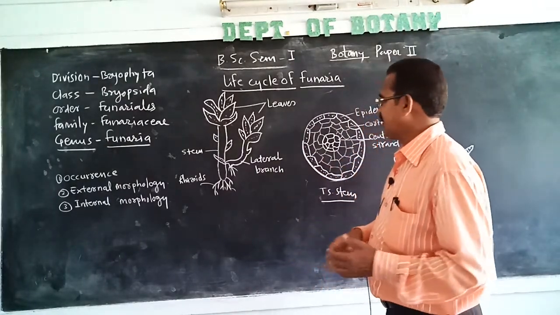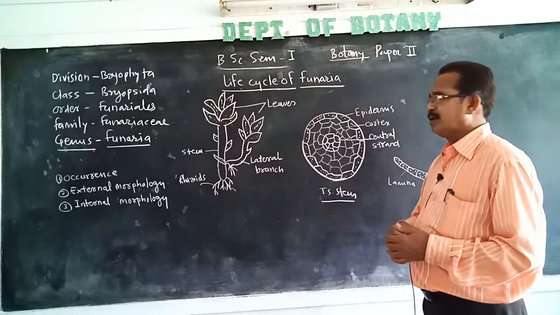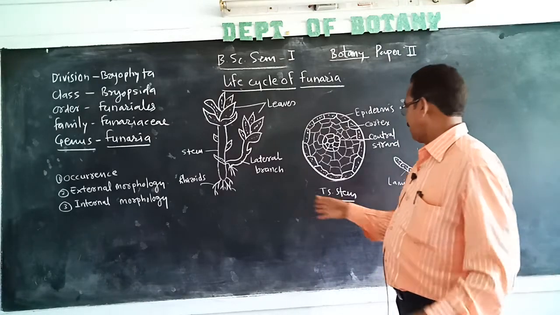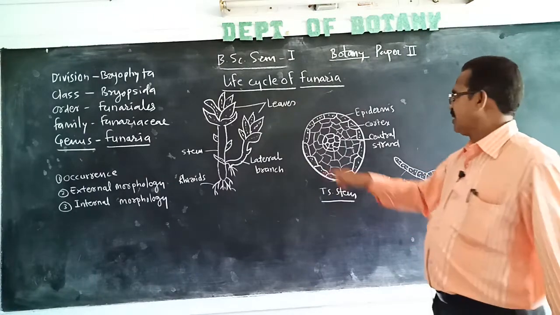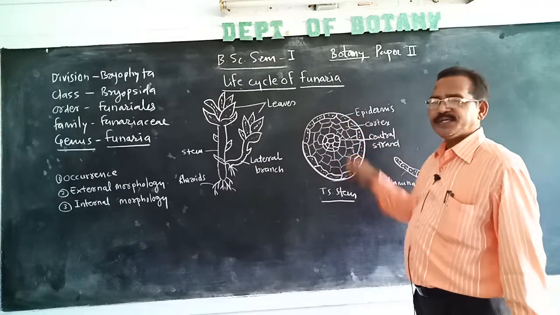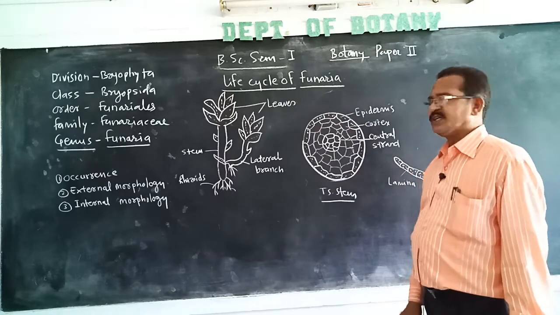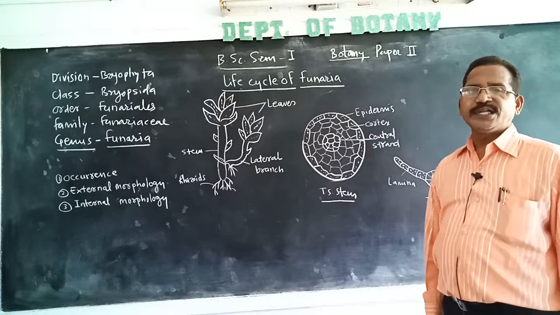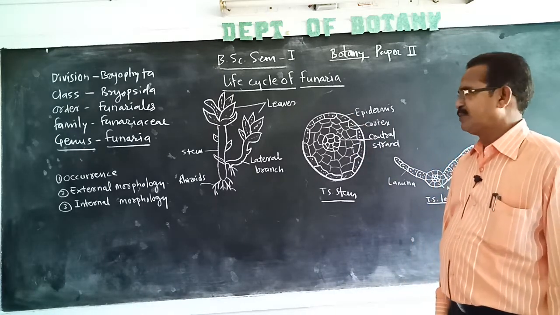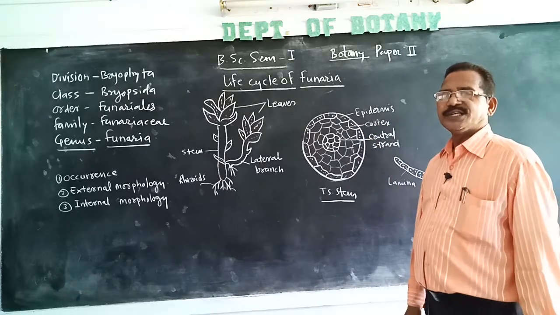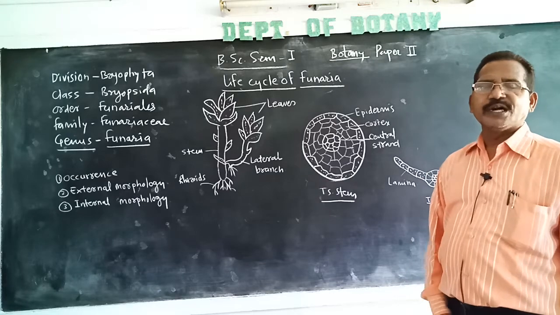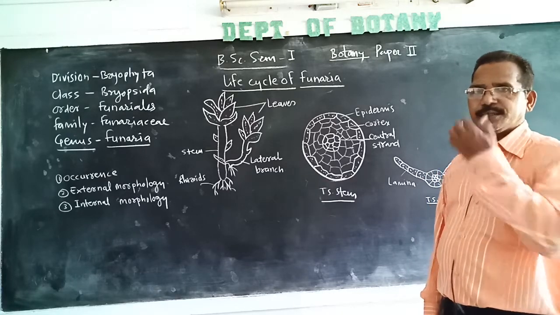Then the internal morphology. Internally, the stem shows a circular structure having a single-layered epidermis. The cells of the epidermis contain chloroplasts. Below the epidermis, the cortex is present. It is again differentiated into outer cortex and inner cortex.